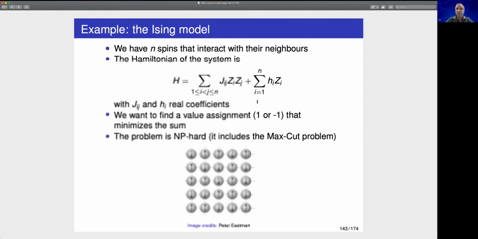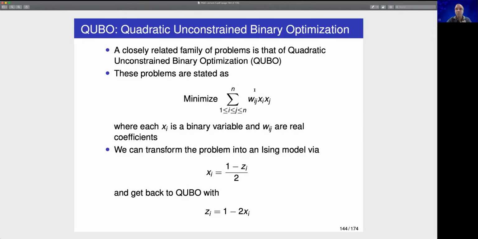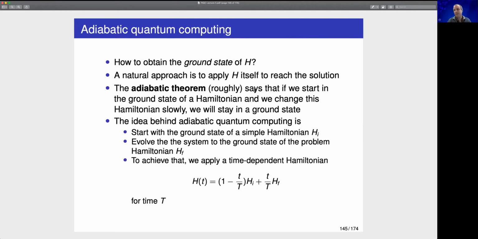Okay. So imagine now that we have our combinatorial optimization problem. We have expressed it as the minimization of this Hamiltonian for an Ising model, and we want to solve it. We want to find the ground state. How can we do that? Well, we can use the fact that this is in fact a physical process.